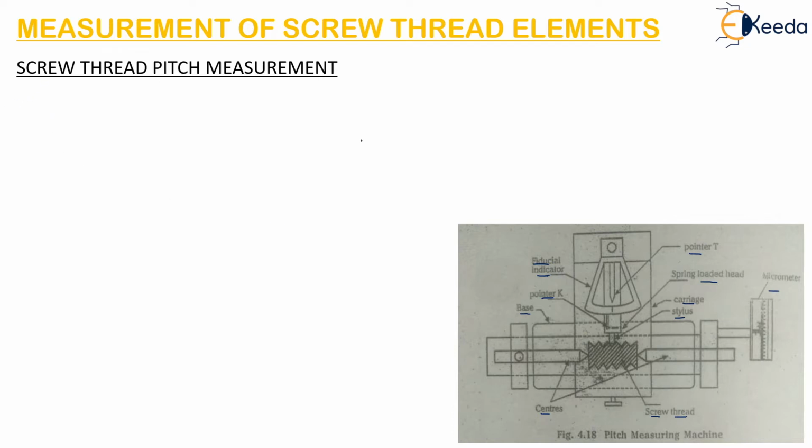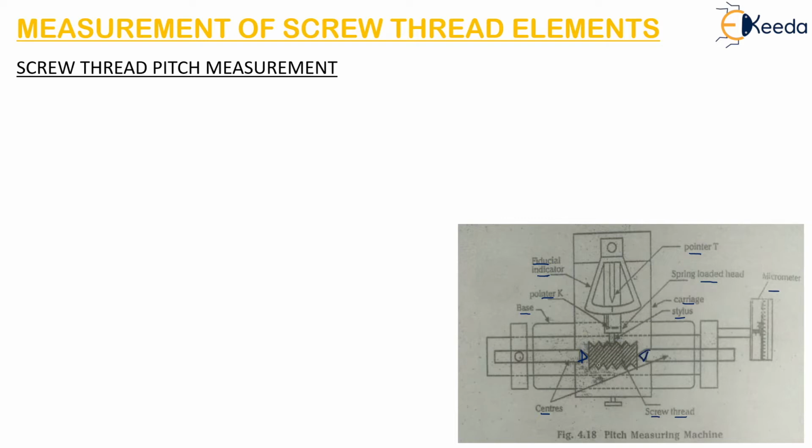How does this machine work? The screw thread whose pitch has to be measured is mounted between the centers of the machine. These are the two centers, and in between them we place the screw thread.